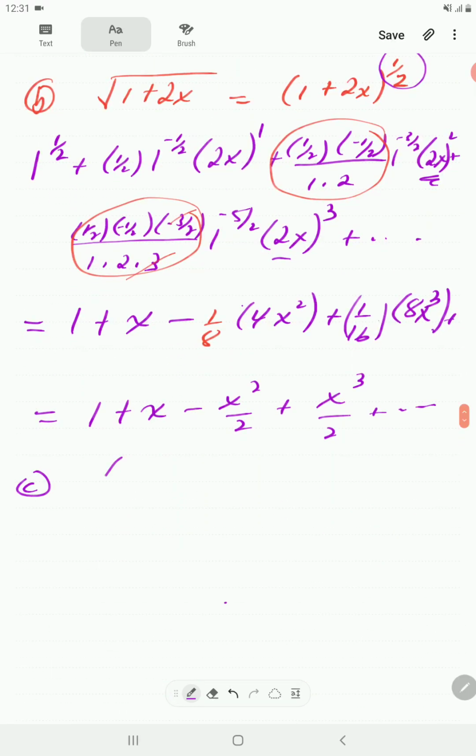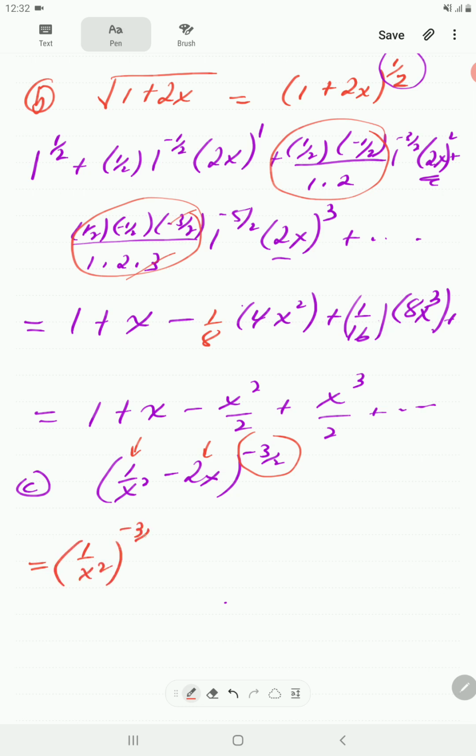So we have 1 over x squared minus 2x to the power minus 3/2. So this time n is negative 3/2. A is 1 over x squared, b is negative 2x. So the first term is going to be 1 over x squared to the power negative 3/2 plus negative 3/2.